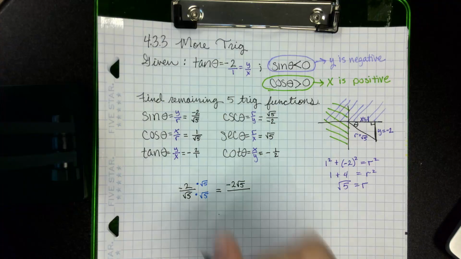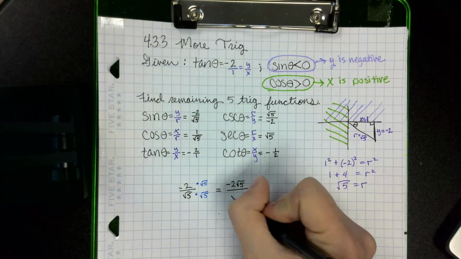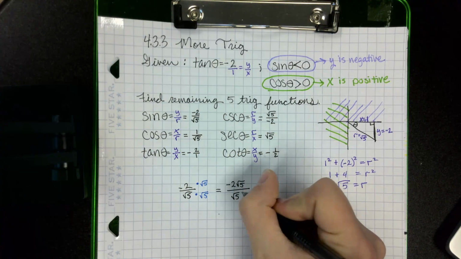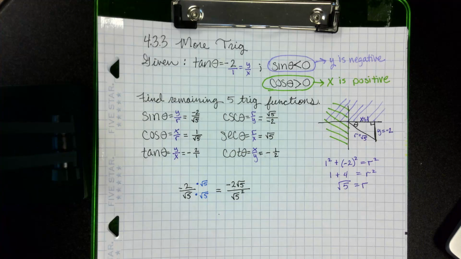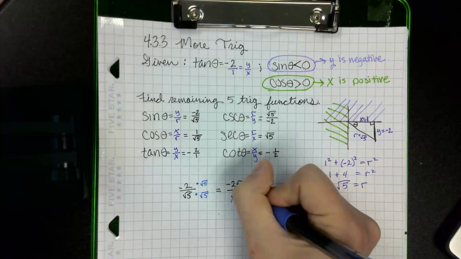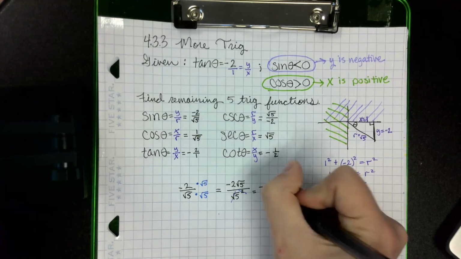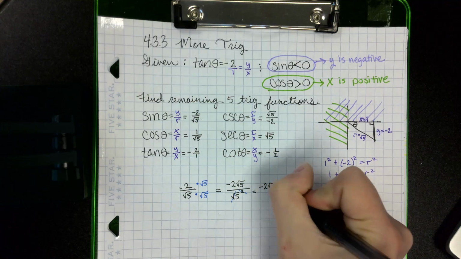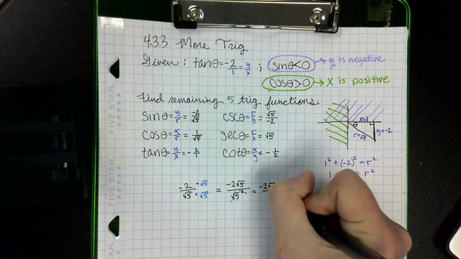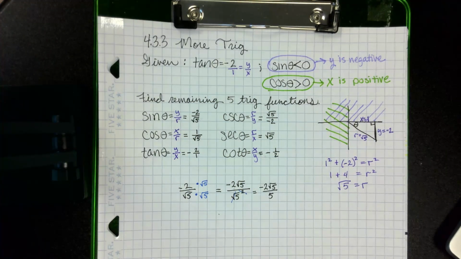And then on the bottom I have square root 5 times square root 5. That is the square root 5 squared. Well, square root and squared are inverse operations, so they undo each other, kind of cancel out. So I end up with -2 square root 5 over 5 as my rationalized version of the answer.